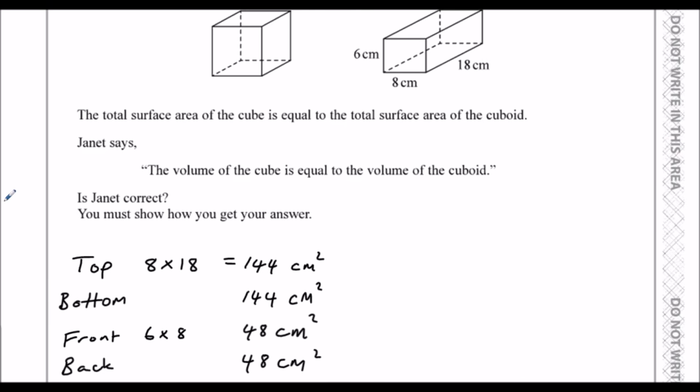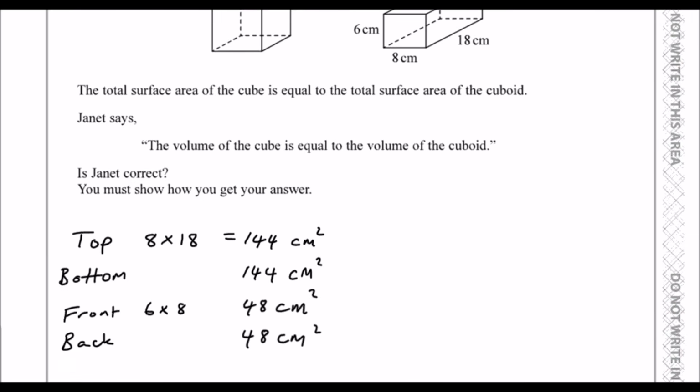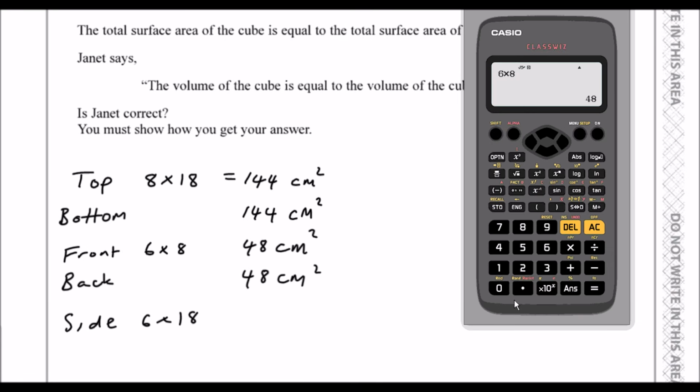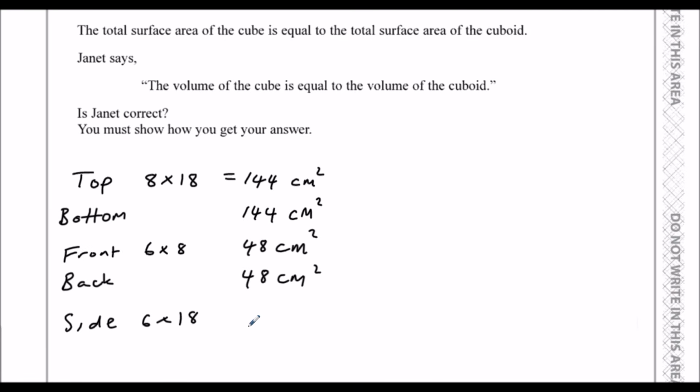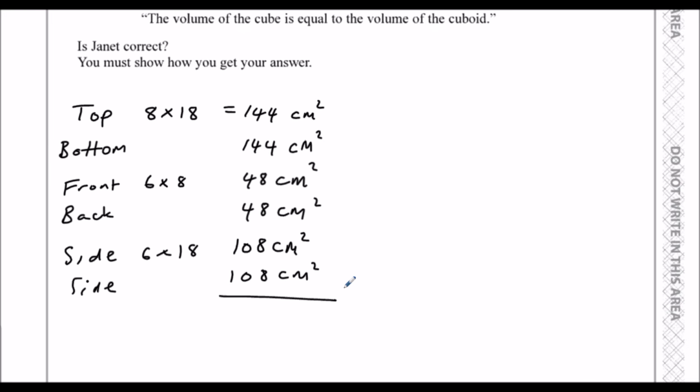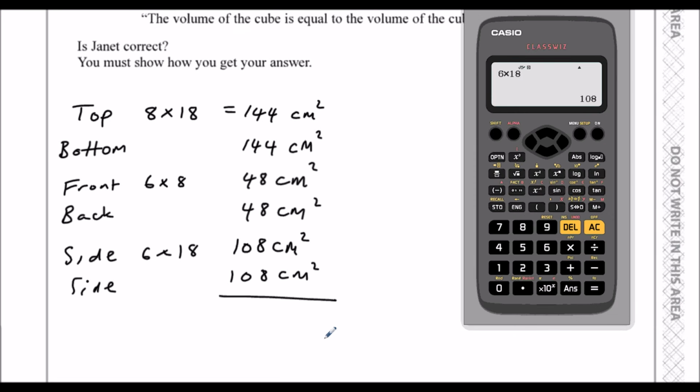And then we've got the sides. So 6 times 18 for the sides. So 6 times 18 is 108. And the other side is the same. So then the total surface area, that's all of these added together.